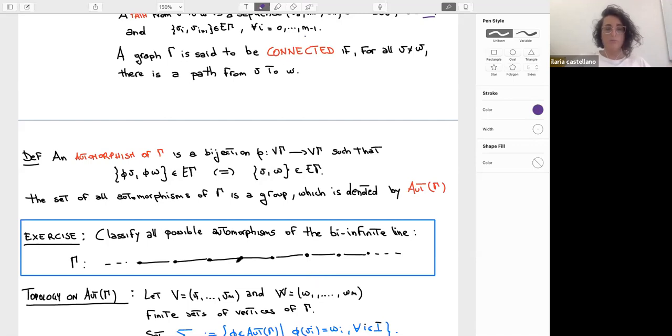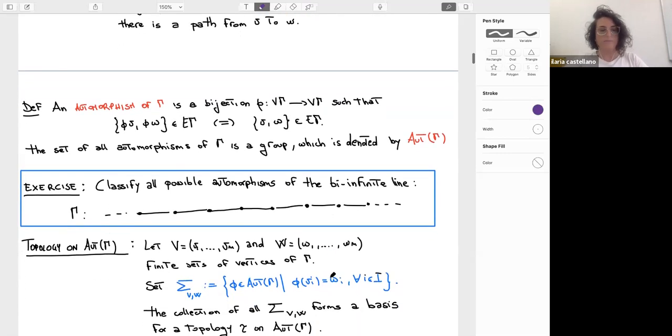So for example, you could fix one vertex and then flip the graph fixing this vertex, but there are other choices that you can do. And let me say that there are a few elementary moves that you can do, and then all possible automorphisms are going to be a combination of these elementary moves. So just think about it. It's something not so difficult.